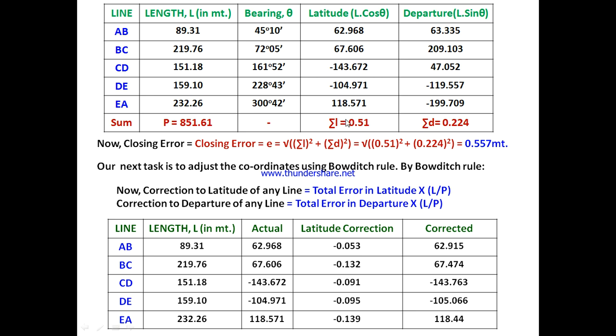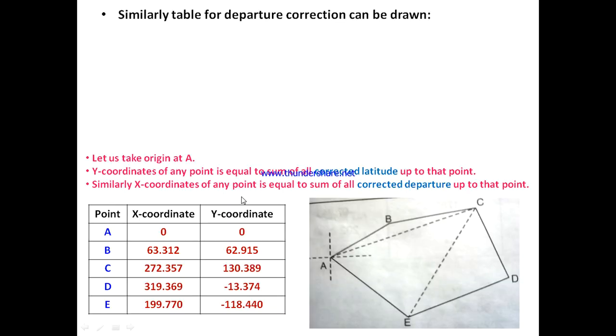Because we found that the error is coming as positive, so we have taken all the corrections in the negative direction. So now this negative and this negative will give me a negative value. In the same manner, you have to be very careful about the sign conventions you are using for different quadrants while computing the values of latitude and departure.